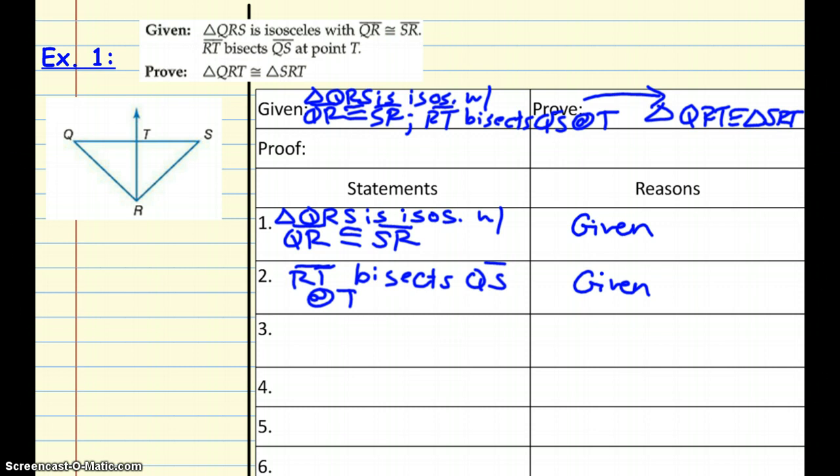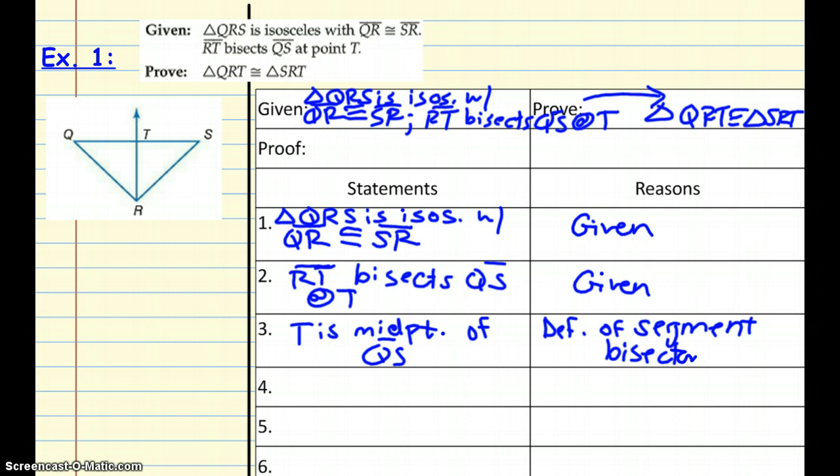Step 3, T is the midpoint of QS, and that comes from the definition of a segment bisector. Step 4, I can say that QT is congruent to ST based on the midpoint theorem.